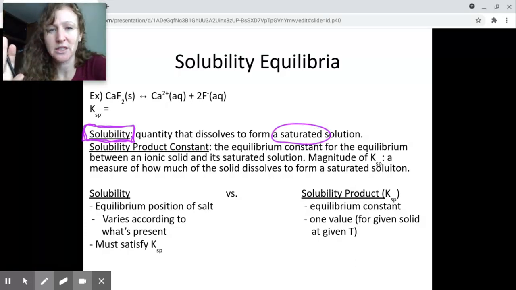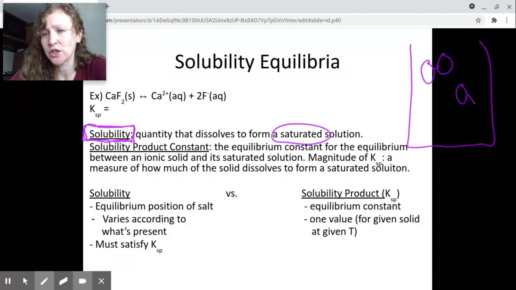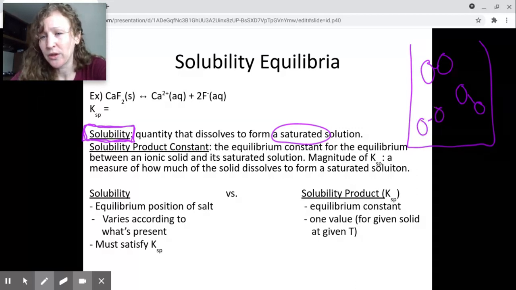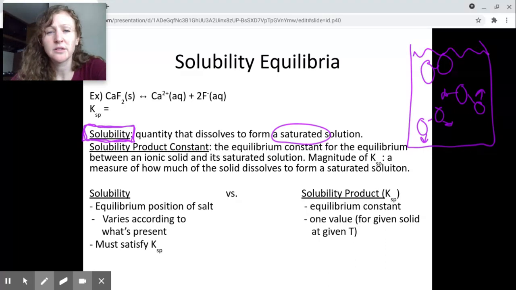So let's just revisit what a saturated solution is again. Remember that when you put salt into a solution, if it is soluble, the salt is going to break up into ions, and you're going to have free floating ions until the solvent can't hold anymore. Usually the solvent is water.